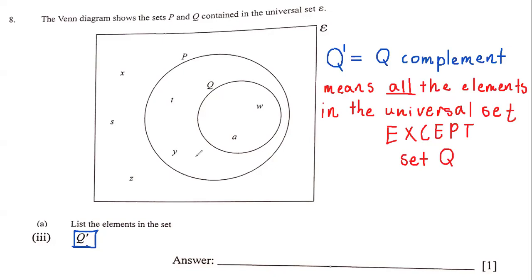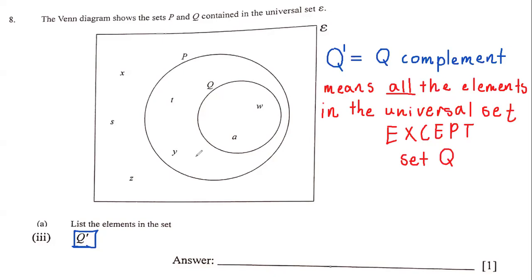Q complement means all the elements in the universal set except set Q. Very good. Class, which set do we not include? Set Q. That's the set that we don't include.